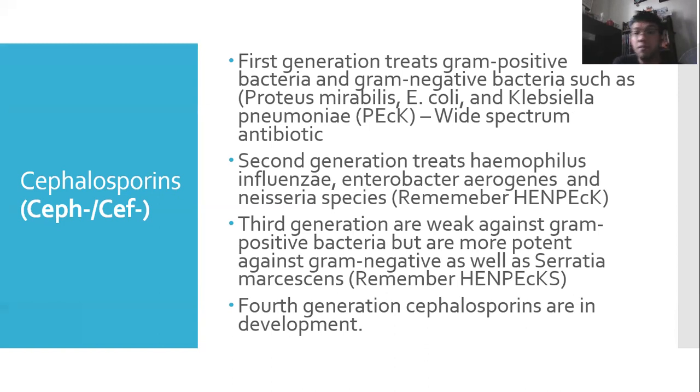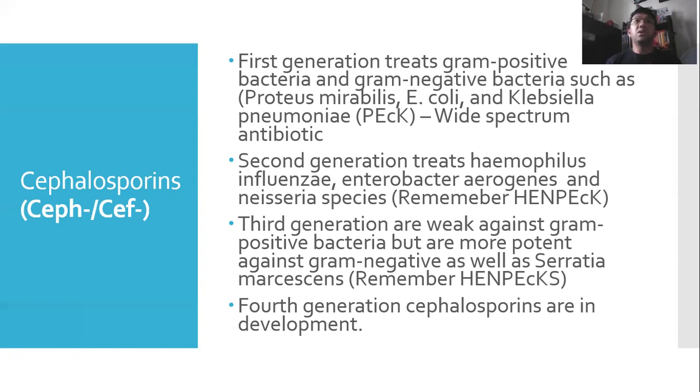It treats Haemophilus influenzae, Enterobacter aerogenes, and the Neisseria species like Neisseria gonorrhoeae and Neisseria meningitidis. So remember HENPEC. We have Haemophilus, Enterobacter, Neisseria, Proteus, E. coli, and Klebsiella under the second generation.